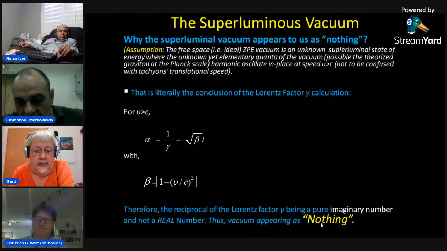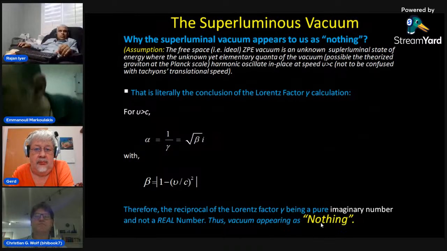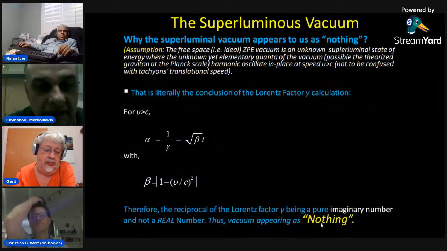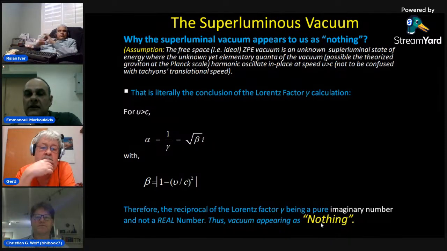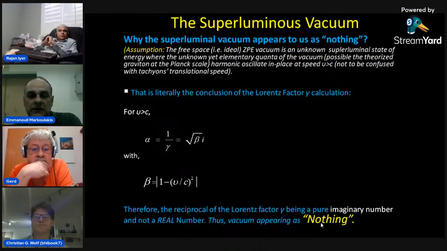So let's make a naive analysis. I mean, it looks naive, but the topic is quite difficult. Let's forget about physics for a moment and see what just mathematics has to say. What if something is superluminal?